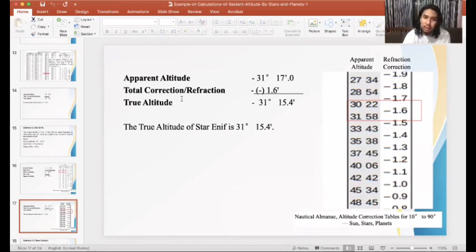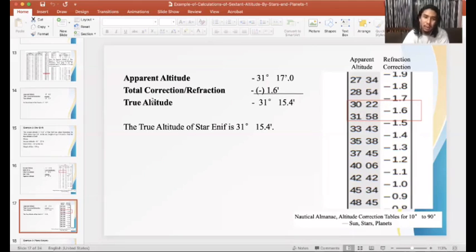So the total correction or refraction is subtracted by 1.6 minutes, which we consider the closest to 31 degrees and 17 minutes, between 30:22 and 31:58, which is 1.6.